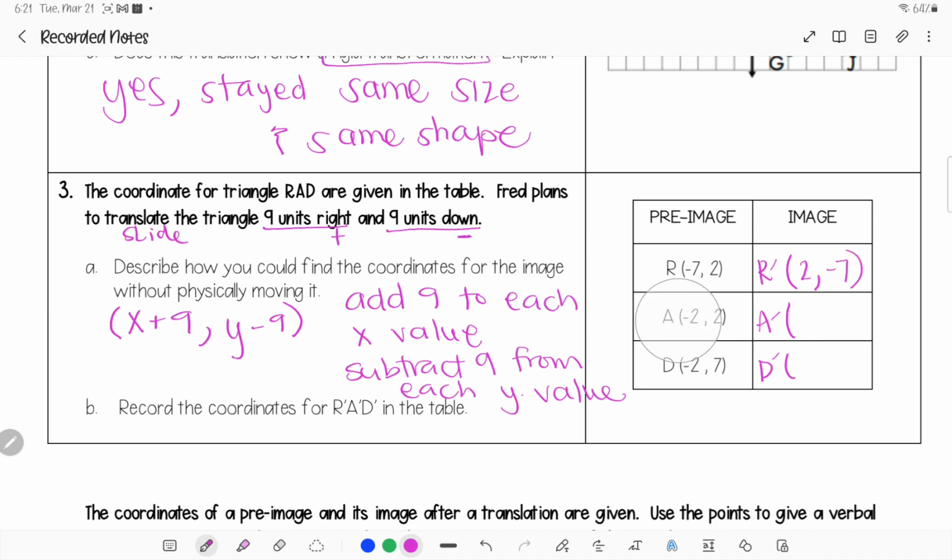Same thing. I start with an x value of -2, so I swap out my x. -2 plus 9 is going to be 7. I plug in my y. 2 minus 9 is -7. So I'm going to add 9 to my x value, which will give me 7. And I'm going to subtract 9 from my y value, which will give me -7. And that's what my new points would be.